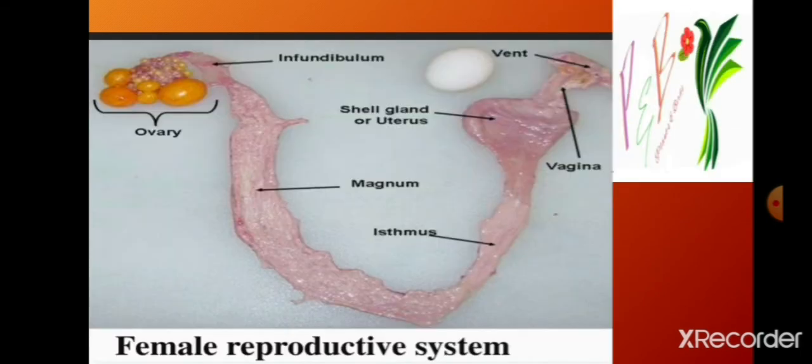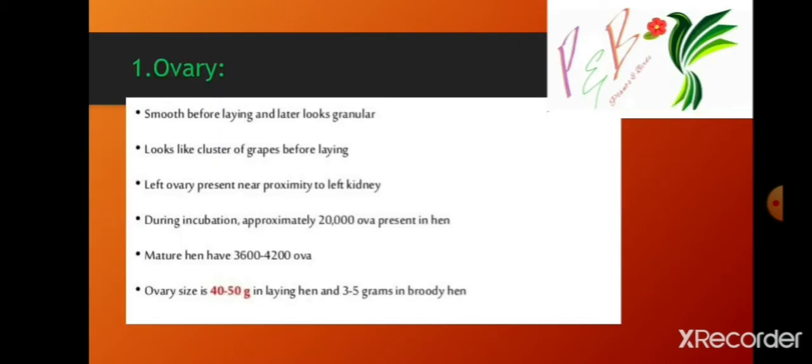Next, this is the female reproductive system. The first part is the ovary, and next are the infundibulum, magnum and isthmus, which constitute the oviduct. In this video we are going to discuss the ovary clearly.